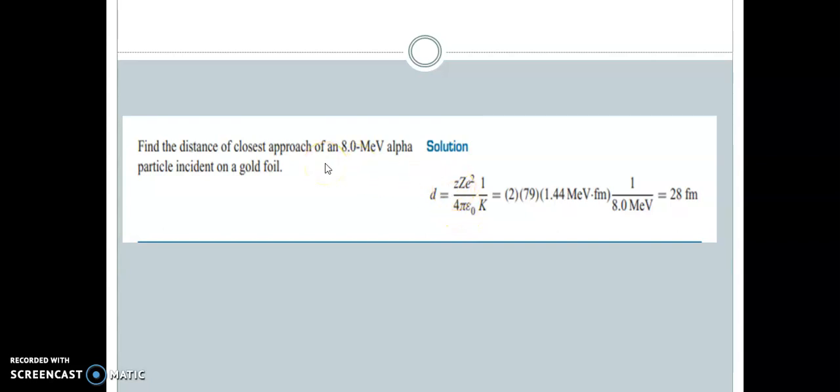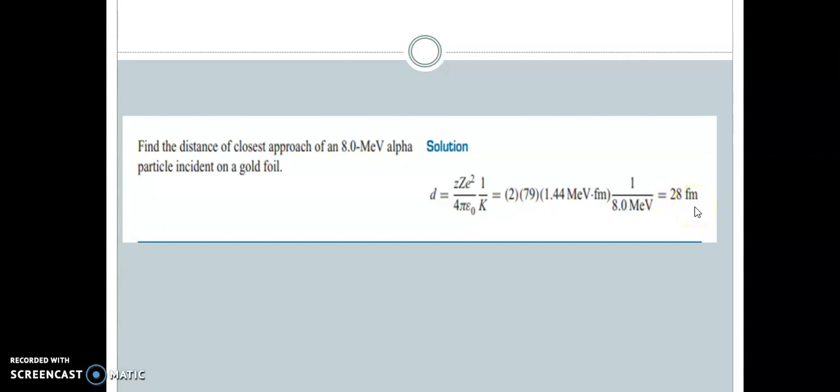Small z is for the alpha particles, so for alpha particles the charge is 2, and capital Z is the atomic number of gold, which is 79. And substituting e squared and 4 pi epsilon 0 and the kinetic energy in joules, you will get the same result, and the result is 28 femtometer.